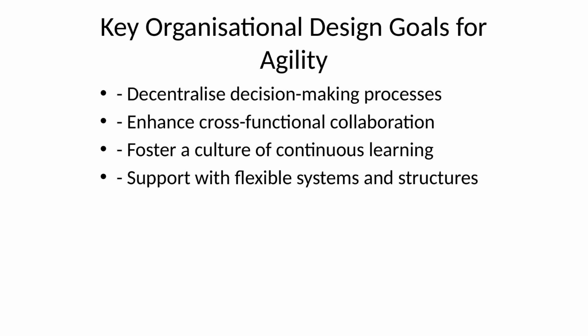Third, cultivating a learning culture ensures that employees are continuously adapting, experimenting, and improving. Finally, systems and structures must evolve to support these shifts, such as adopting flexible IT platforms, hybrid work models, or modular team structures. Each of these goals contributes to the overall resilience and responsiveness of the organization.